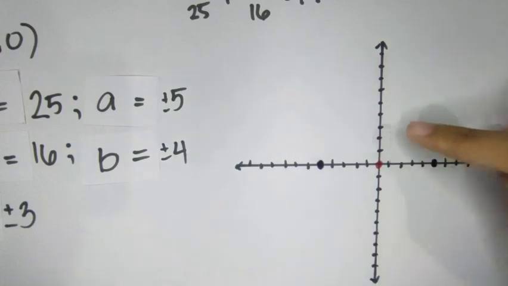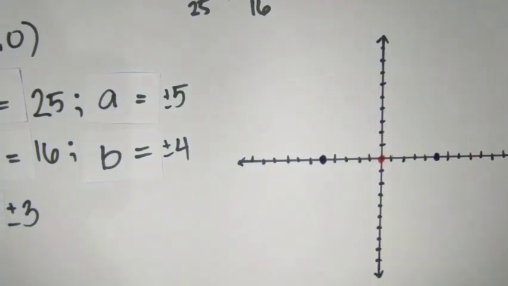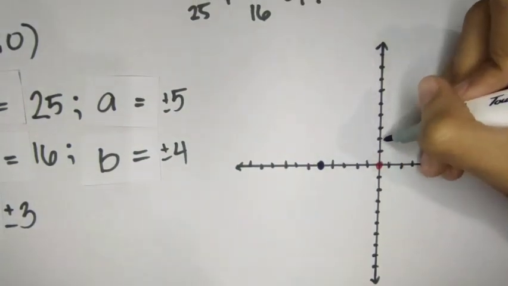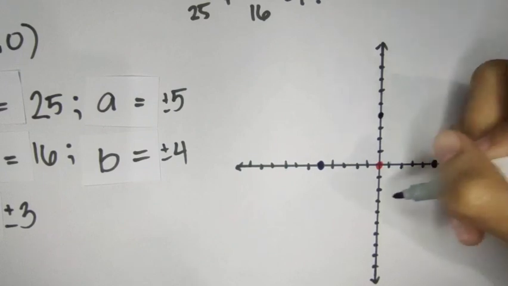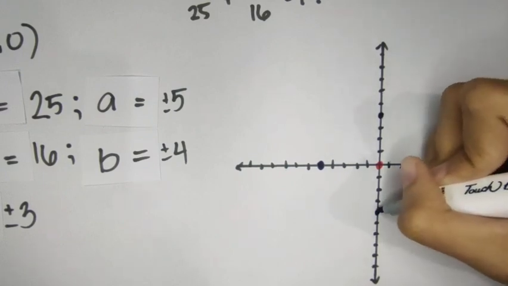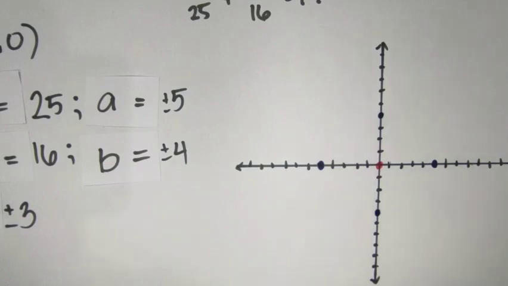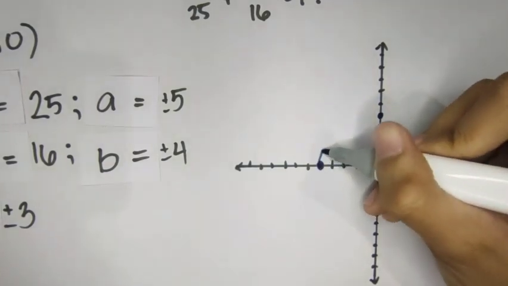So b is equal to 4. We will move 4 units upward and downward from the origin, or from the center. We can now graph the ellipse.